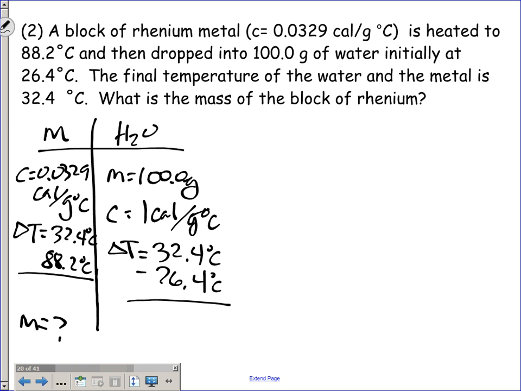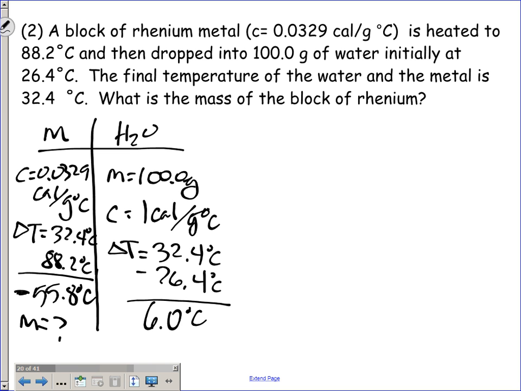And as you're looking at your initial and final temperatures, you should realize that the metal is dropping in temperature, so what's its value for delta T? Negative what? 55.8, okay. So negative 55.8. What's water's delta T? 6 degrees Celsius. The metal's is negative because it dropped energy; water is gaining energy, so that's going to be a positive value for the delta T.